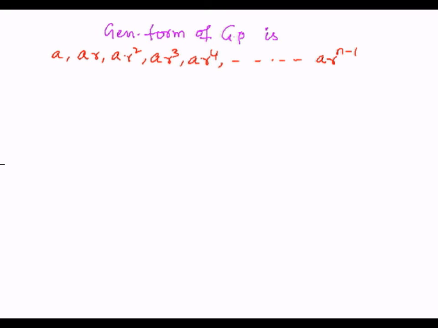In this case, the first term T1 is a, the second term is AR, the third term is AR square, the fourth term is AR cube, the fifth term is AR to the power of 4, and the nth term will be AR to the power of n minus 1.